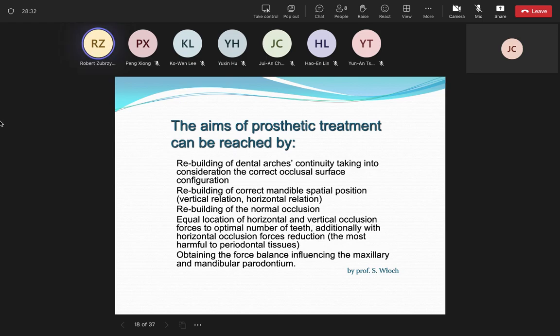Obtaining the force balance influencing the maxillary and mandibular parodontium. And those definitions are by Professor Stefan Włoch.